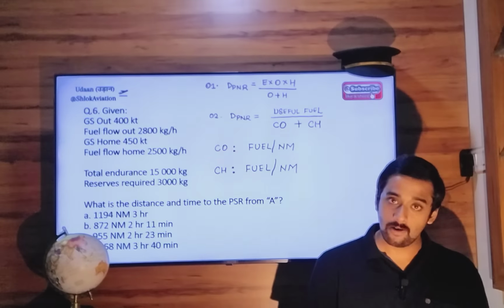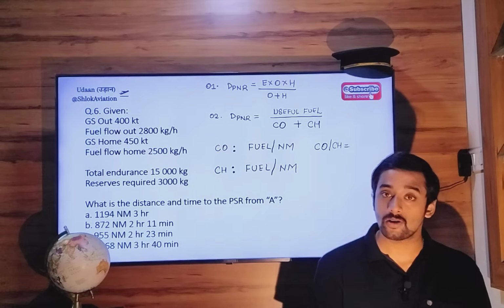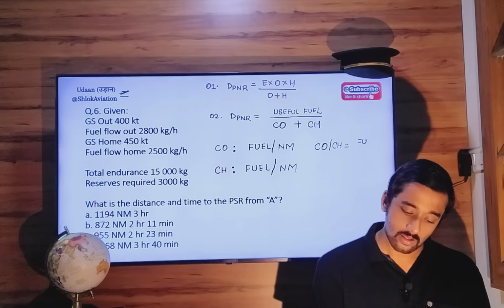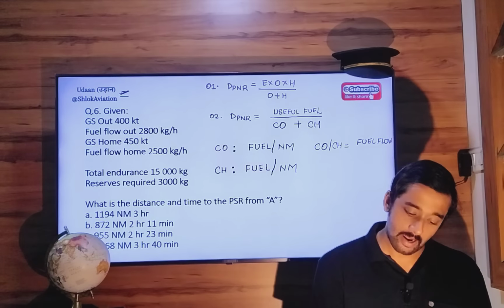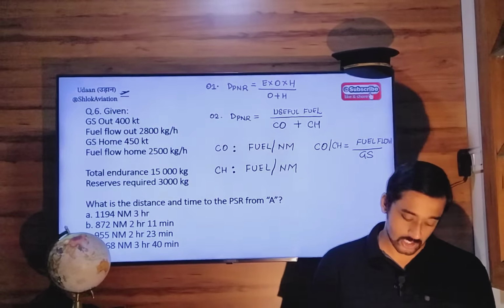So the formula for that is fuel consumption, homebound or outbound, equals your fuel flow divided by ground speed.